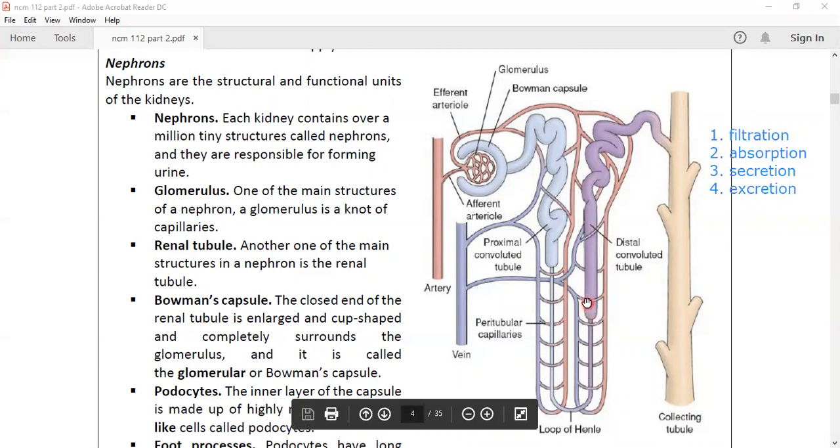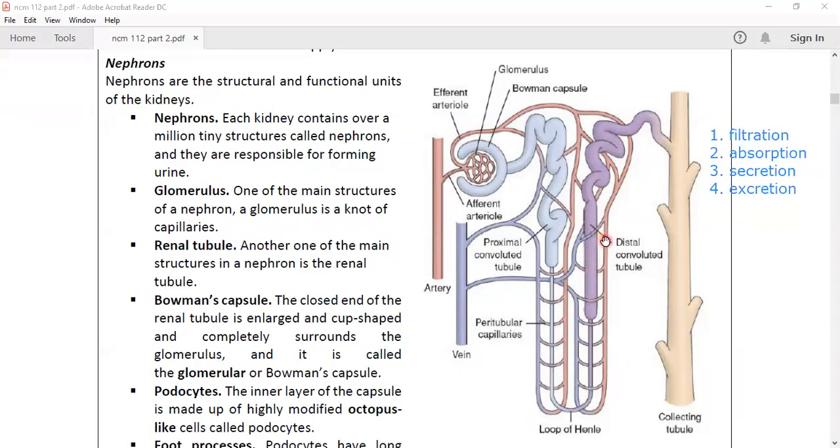While your ascending limb of your loop of Henle is already impermeable to water. And this is where some of your substances, once again, are absorbed. For example, your electrolyte sodium, once again, potassium and the likes.